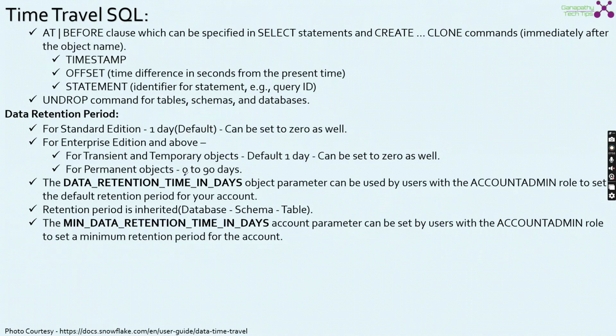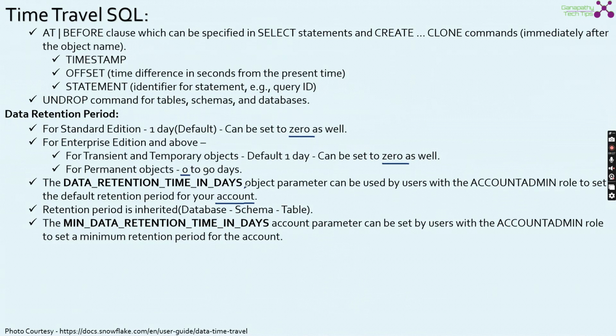Please make a note, there is a mention of 0 in all the places. Here also 0, here also 0, here also 0, meaning what? You are disabling the time travel. If you want to disable the time travel, you can specify this option as 0. Two important parameters: one is the DATA_RETENTION_TIME_IN_DAYS object parameter that can be used by users with the account admin role to set the default retention period for your account.